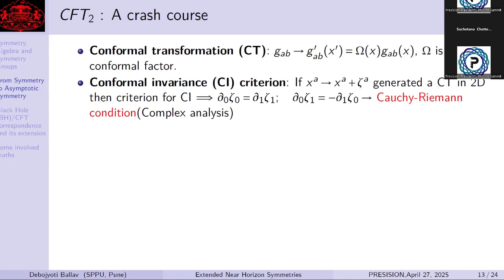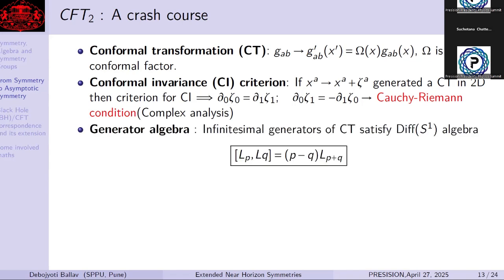Then there are some conditions for which the metric remains invariant, or the space-time remains conformally invariant, strictly speaking. That criterion, if we calculate it for 2-dimensional conformal field theory, is nothing but the Cauchy-Riemann condition in complex analysis. So those generators which generate those transformations are nothing but analytic functions.